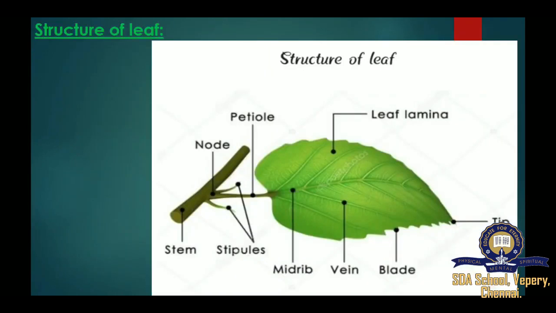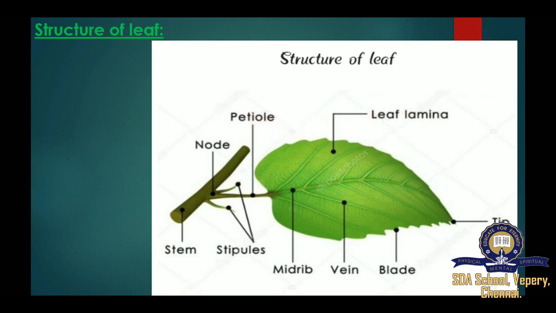Structure of leaf. A leaf is a thin, broad, flat and green part of the plant which is attached to the stem or branch. A plant has a large number of leaves. Leaves of different plants have different shapes and sizes, but all of them have the same basic structure. A leaf consists mainly of two parts, lamina and petiole.